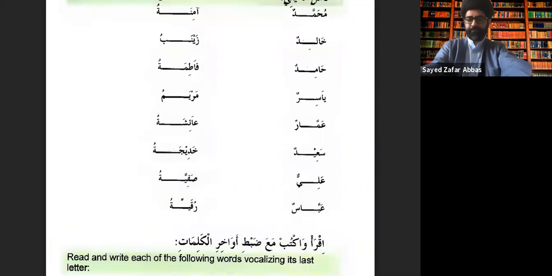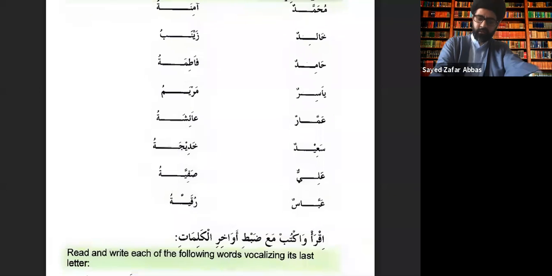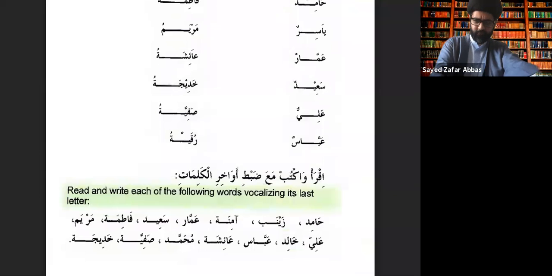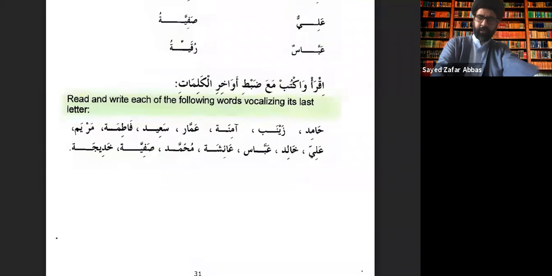names of girls. Okay, so now if we go down the page, please, thank you. We're being asked to vocalize, اقرأ واكتب مع ضبط أواخر الكلمات, the last letter of each of these words. The reason why we're being asked to vocalize is because we're going to find out something very important.